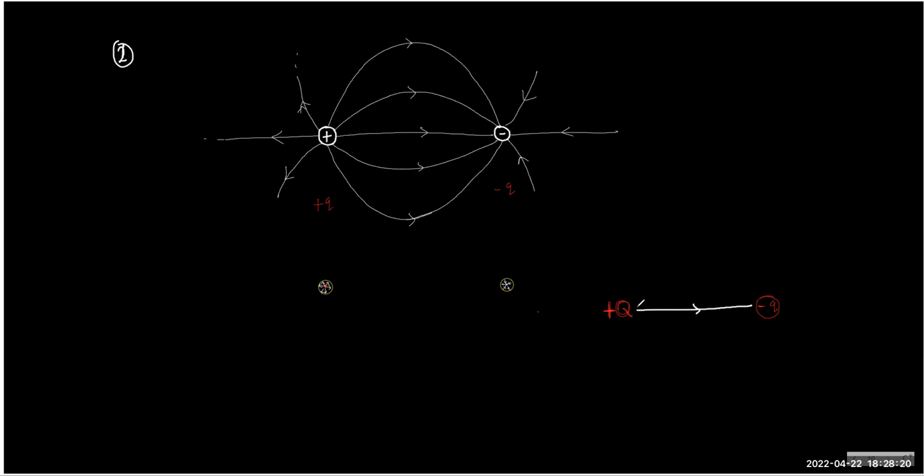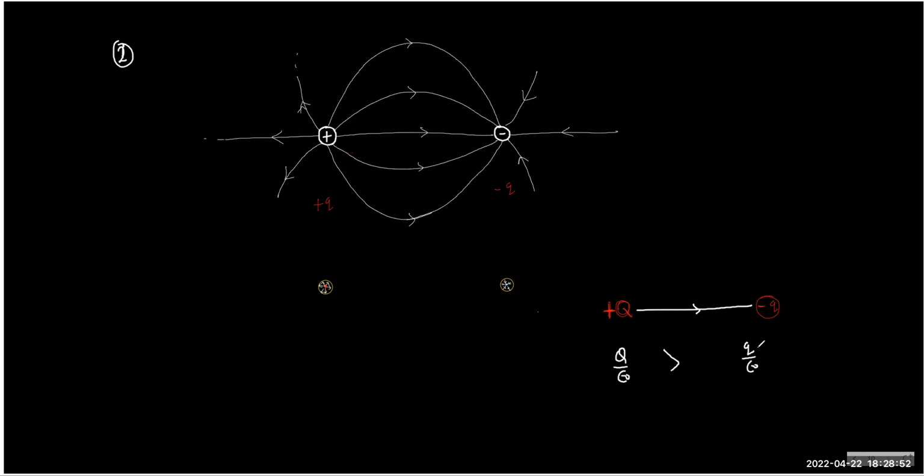Now one question: the emanation and the termination occur by equal value. So if 10 will emanate, then the lower will decide the capacity. The number of field lines which come out is this much, and the number which can terminate is this much, and if this is bigger, the smaller will decide the termination or emanation, only the smaller. Okay.